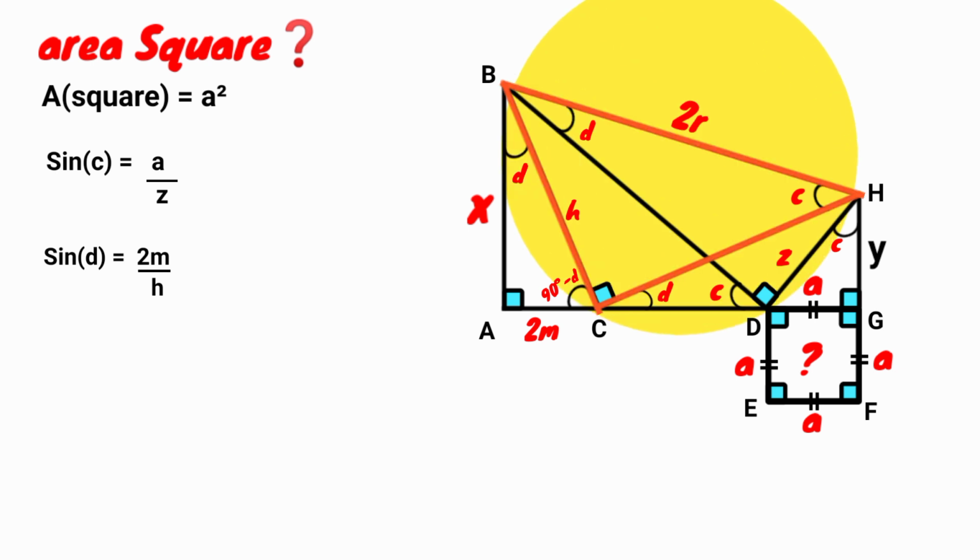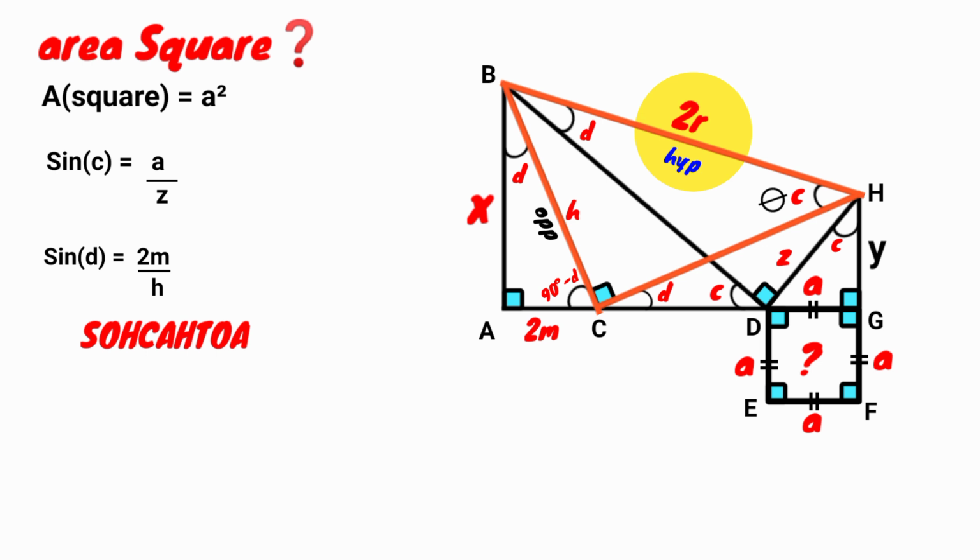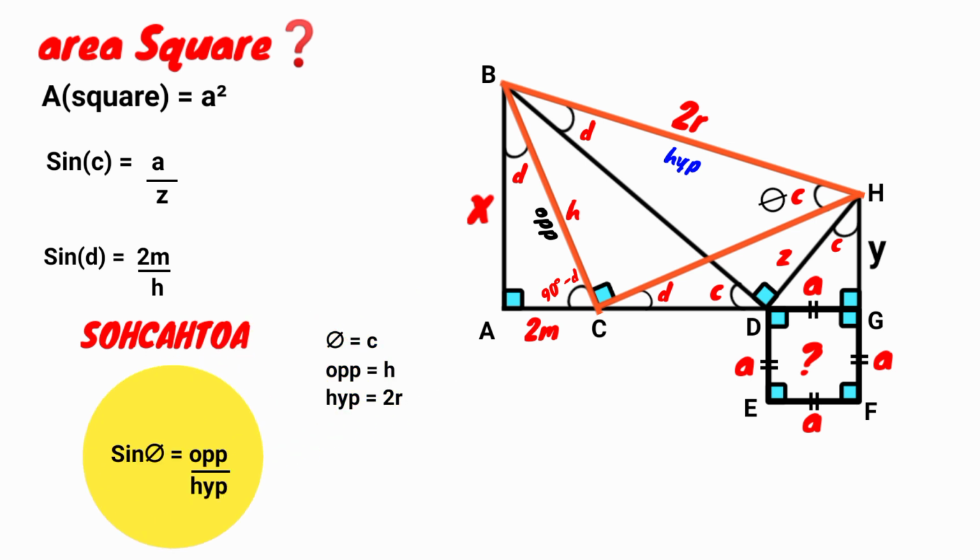Look at this triangle. It is a right angle triangle. If we use SOHCAHTOA on it, taking this as theta, this is the opposite and this is the hypotenuse. So theta equal to C, opposite equal to h, and hypotenuse equal to 2r. Sine theta we know is opposite over hypotenuse. Put the values.